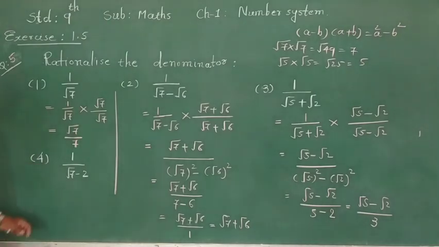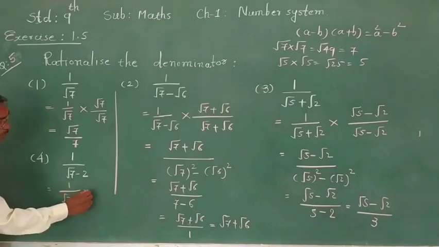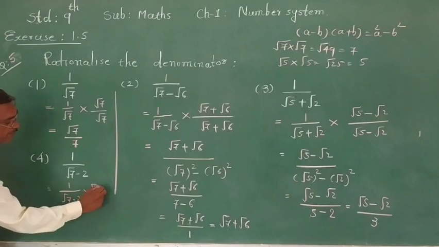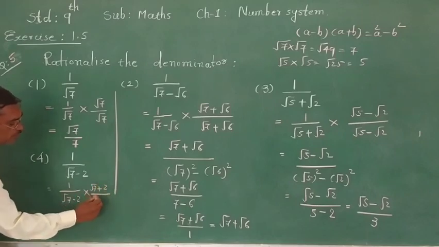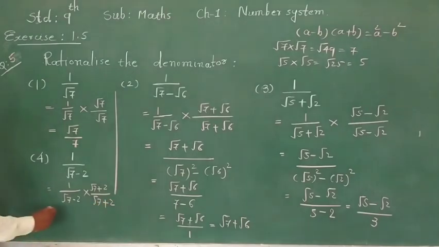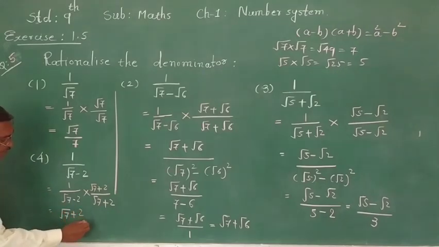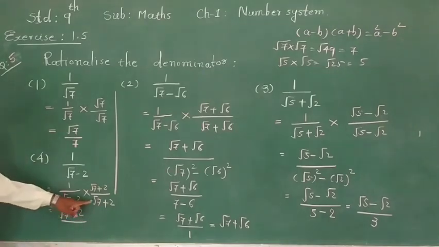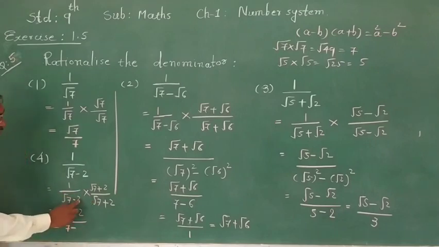Now the last one here, 1 upon root 7 minus 2. So multiplying root 7 plus 2 and dividing root 7 plus 2. Okay. Now root 7 plus 2 ones are root 7 plus 2 upon root 7 and root 7. So root 7 square is 7, minus 2 square is 4.